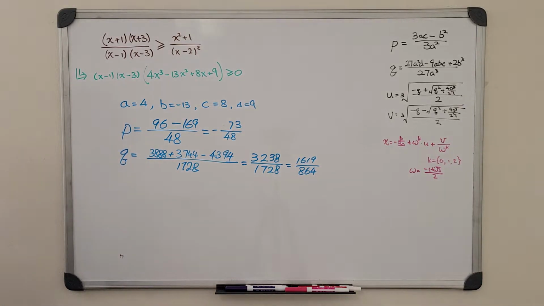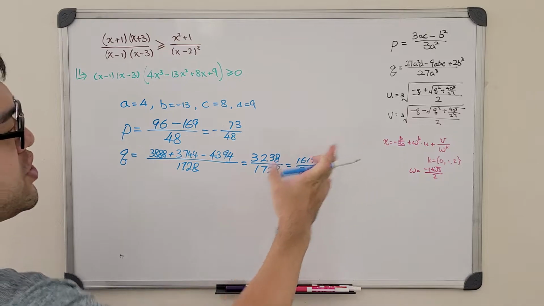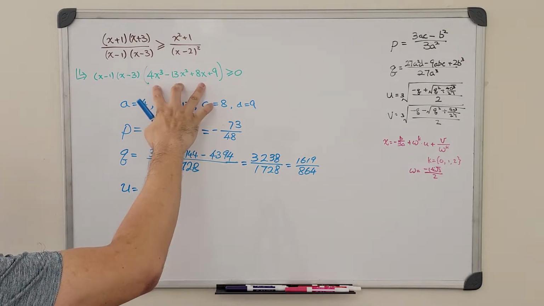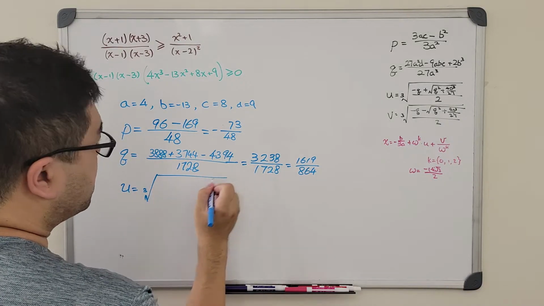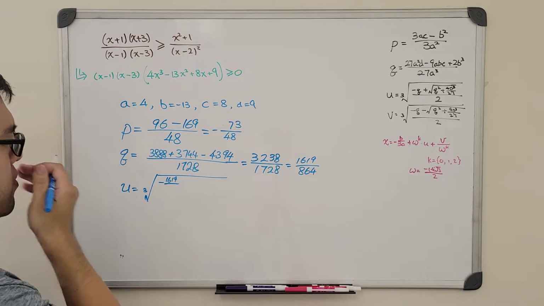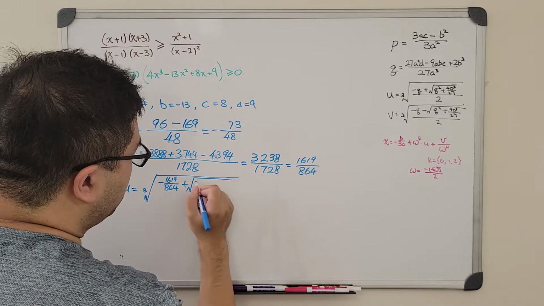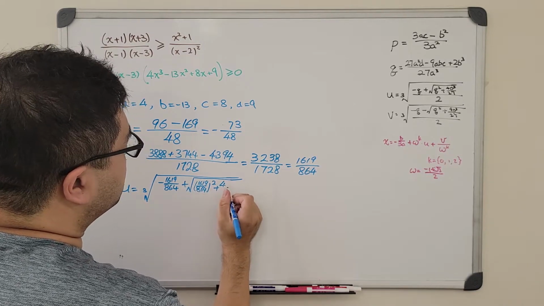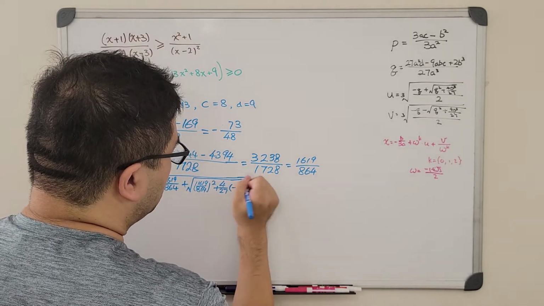Good. So now we know what the P and Q values are. We just need to substitute back into the U and V so that we'll be able to finish up our calculation of the cube of the solution of this cubic expression. So we have u is equal to, of course, we still have the cube root of negative q, which is negative 1619 over 864, plus the square root of q squared plus 4 times p squared over 27, or I can just write it this way, 4 over 27 times p cubed, actually, not squared.